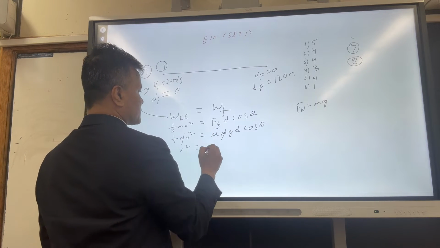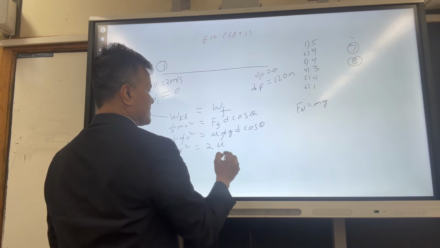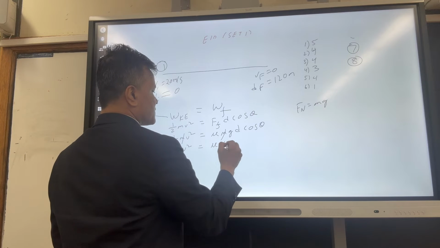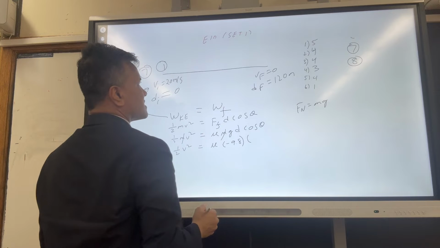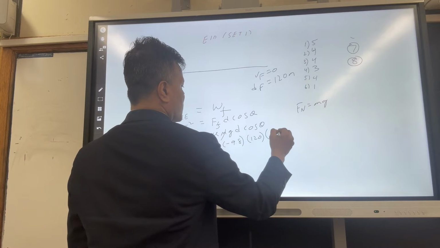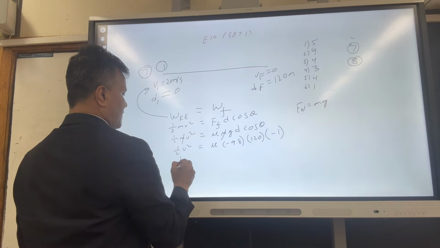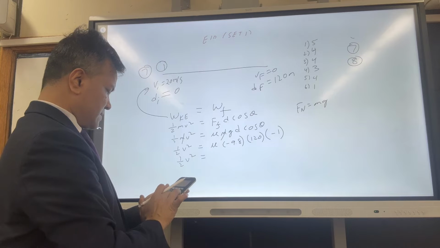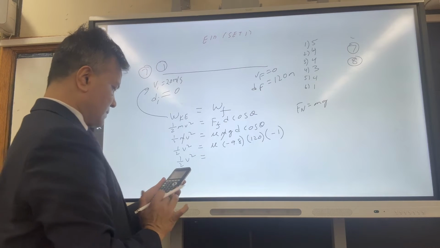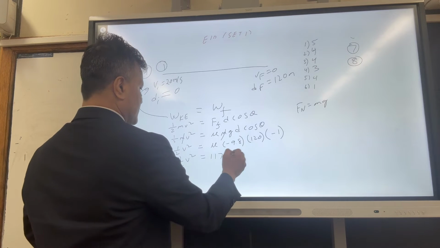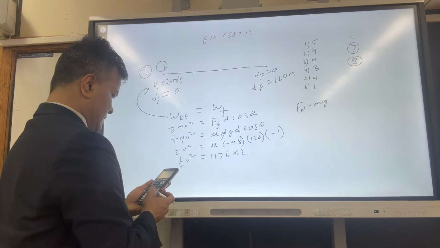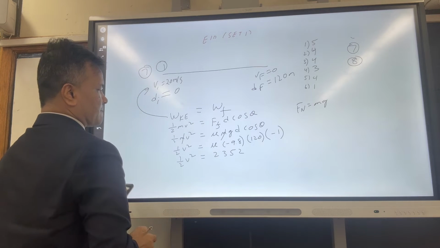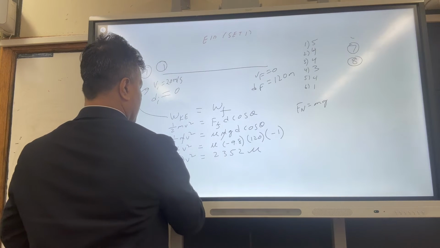So half v squared is equal to mu g d cosine theta, with g equal to negative 9.8 and d equal to 120. The angle is 180 degrees, so cosine is negative 1. Then 120 times 9.8 is 1176, times 2 is 2352.